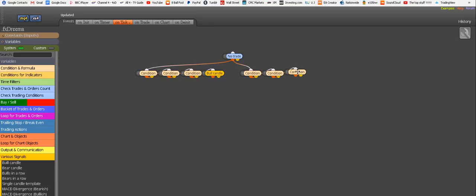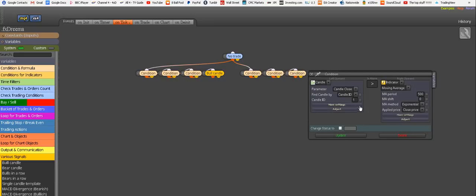Update. And the third but not last condition is that candle ID number 1 should actually close below the 500 moving average. So we basically took the first 3 conditions and changed them exactly the other way around.